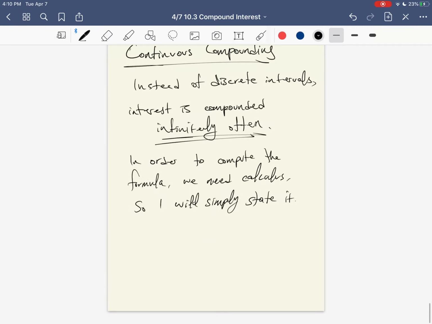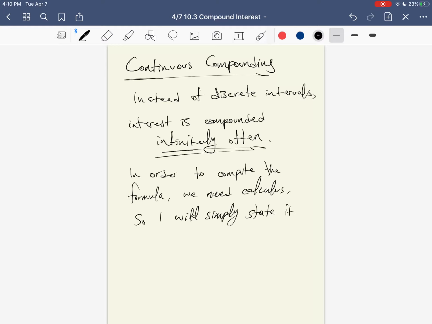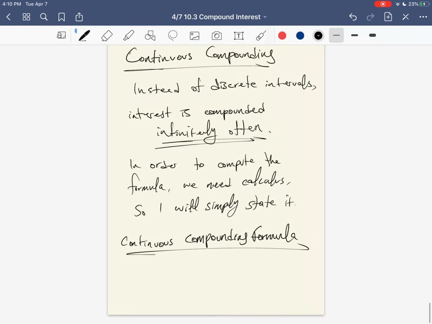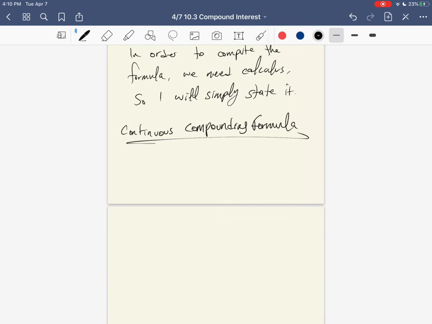Good. So here's the formula. Your final amount is going to be the principal amount times e to the rt, where again t is the number of years and r is the APR as a decimal, and e is our irrational number e that we talked about with the logarithms.